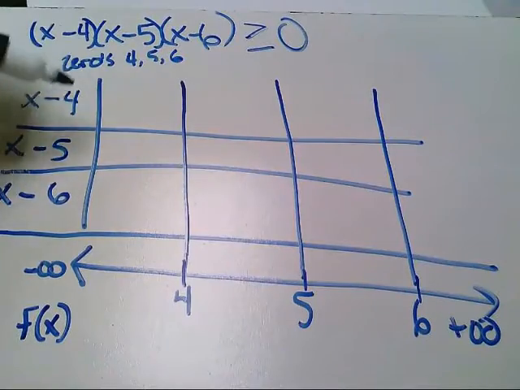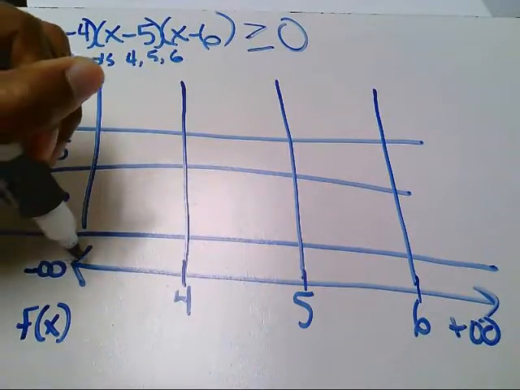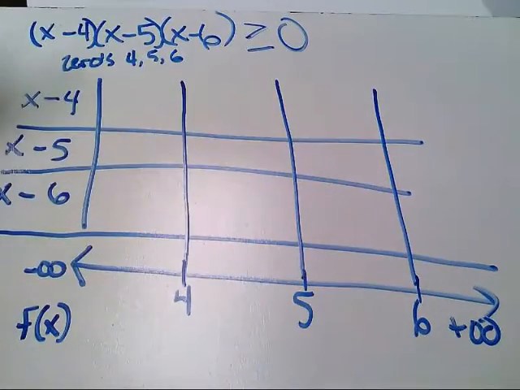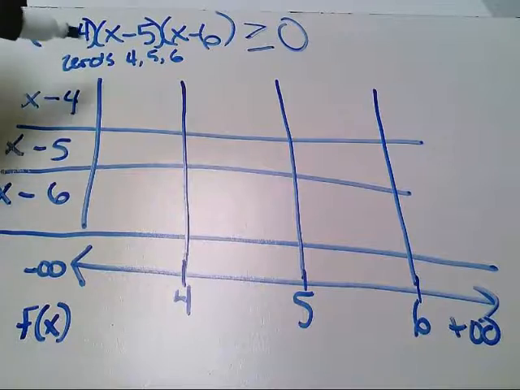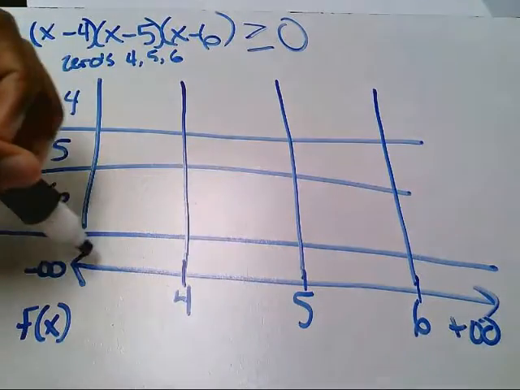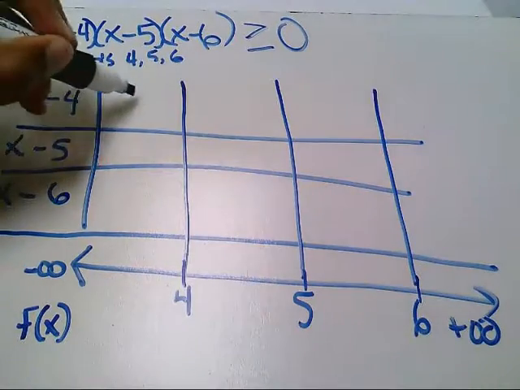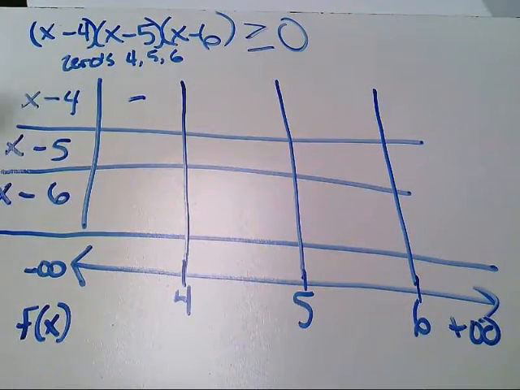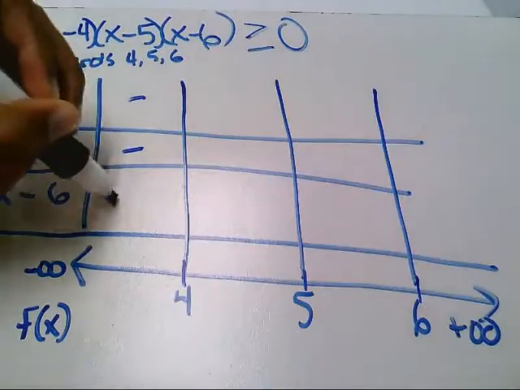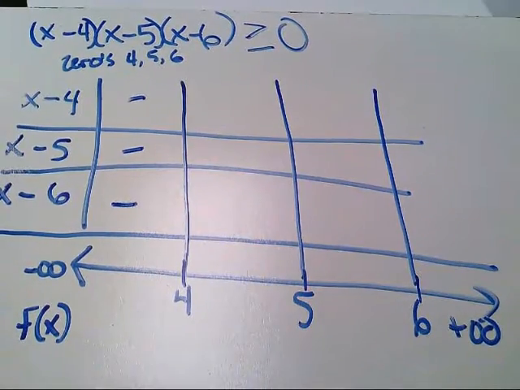So now, our first interval goes from negative infinity to 4, and we need to determine if it's going to be positive or negative for each one of these three factors. If you plug in a number that goes out towards negative infinity, like negative 100, this will be negative. Negative 100 minus 4 is negative. This will be negative, and this will also be negative.